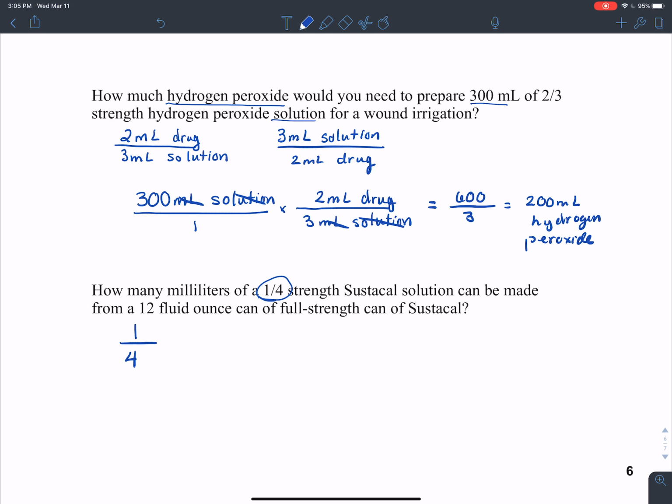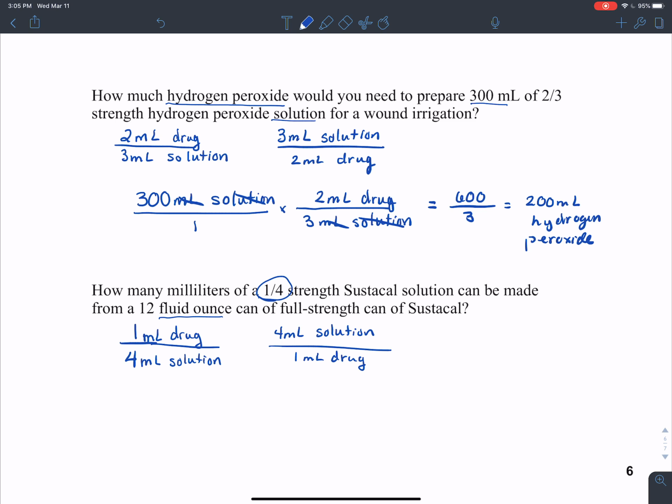Notice that it's a 12 fluid ounce. They are both liquid. So that means we have 1 milliliter of drug to 4 milliliters of solution. And remember, we could also write it as 4 milliliters solution to 1 milliliter drug.